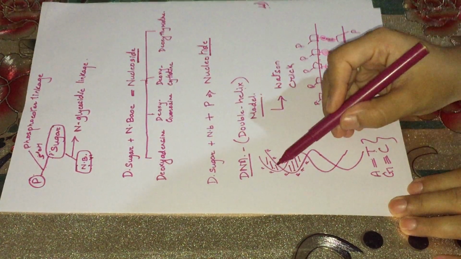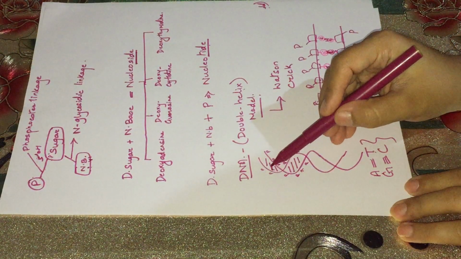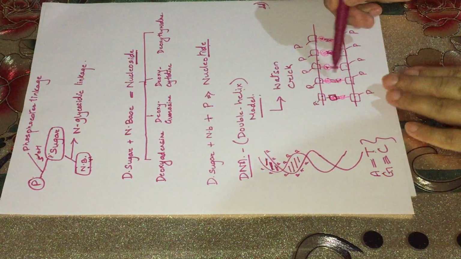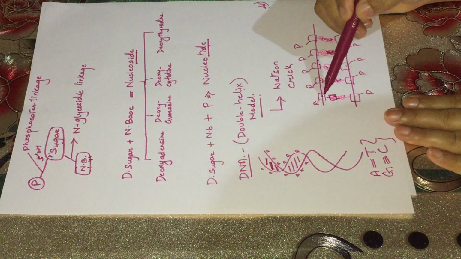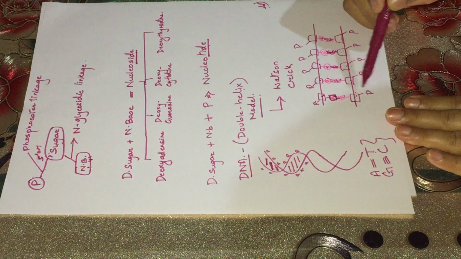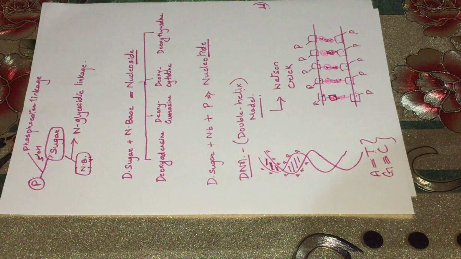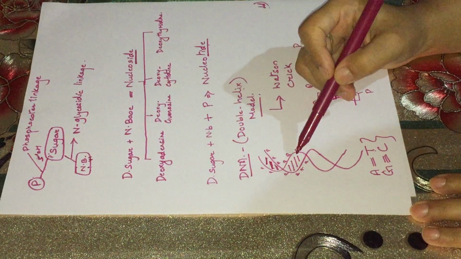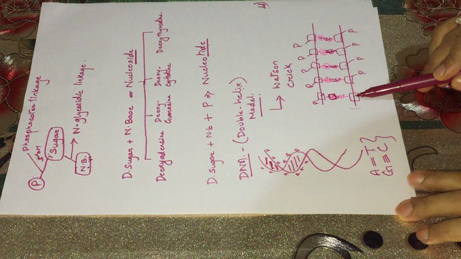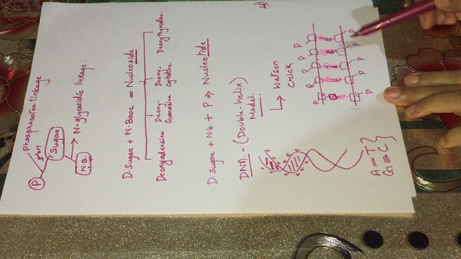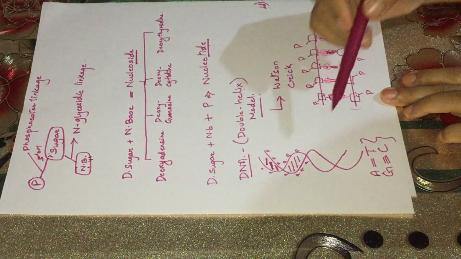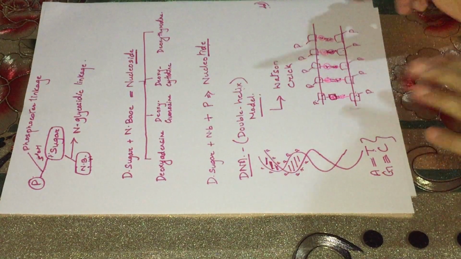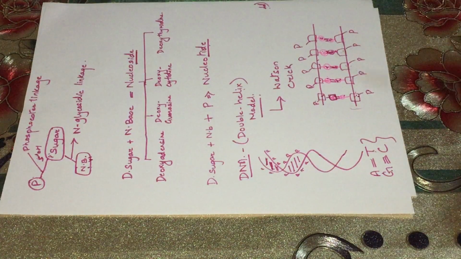This pairing takes place inwards, inside. So that's why we can say that deoxyribose sugar and phosphate form the backbone of DNA. They form the main structure of DNA, the backbone of DNA, and the nitrogenous bases lie inwards, inside.